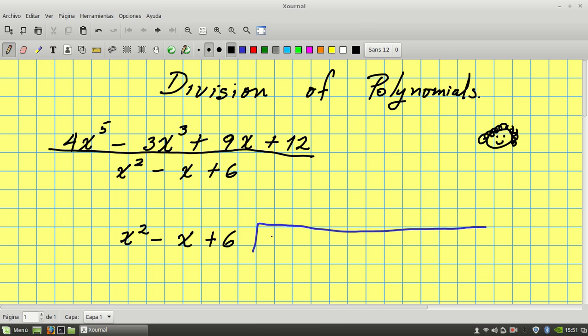Okay, divisor and dividend. Okay, this is the first step, that is to write the division problem.